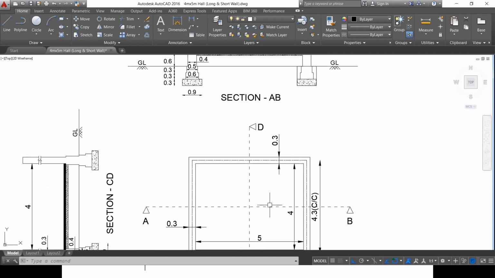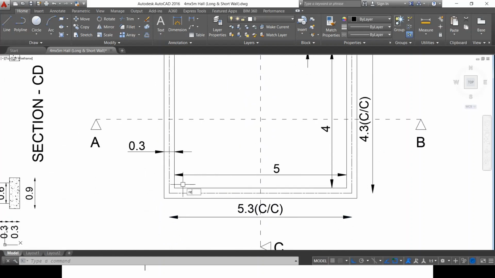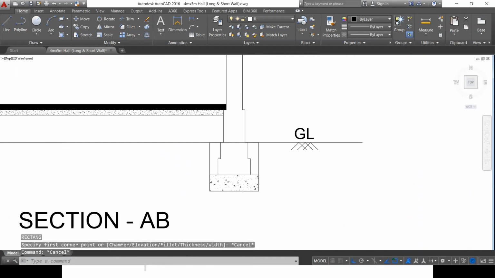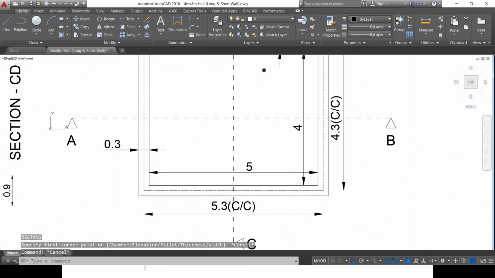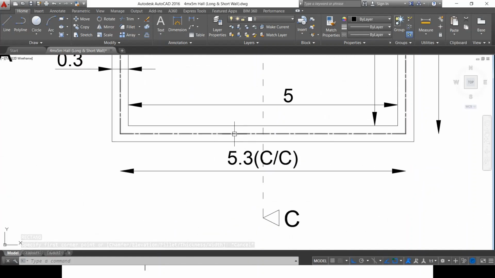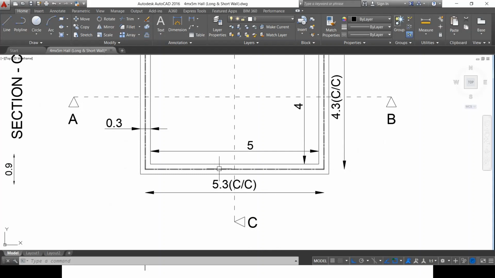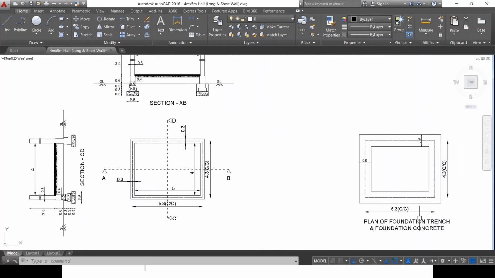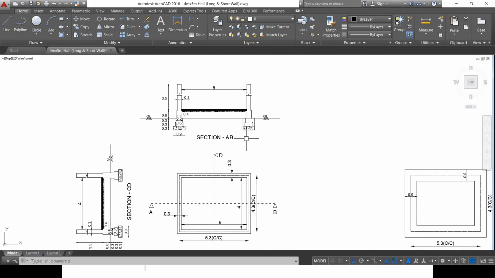So let me start with the long wall now. If I have to consider the long wall, I have to do the calculation for the length, which is nothing but this length. I already know the center to center distance of the length. So let me look at the plan view.